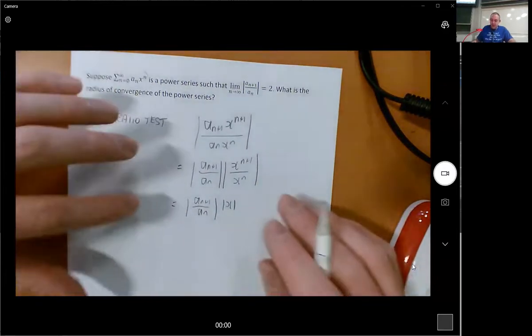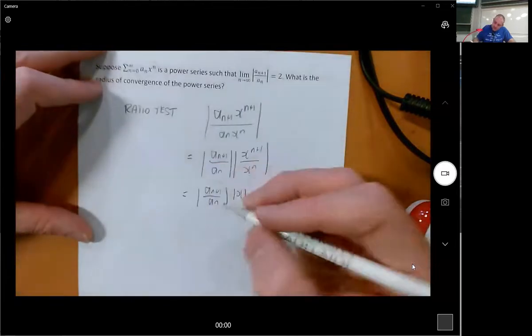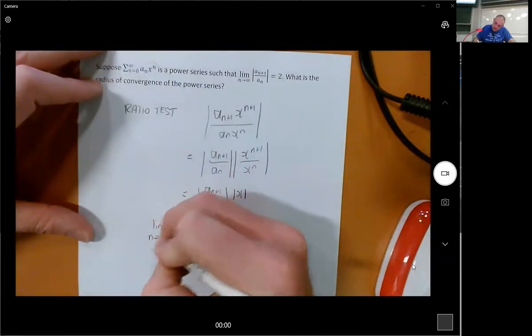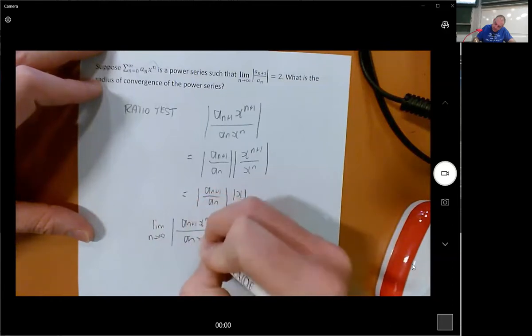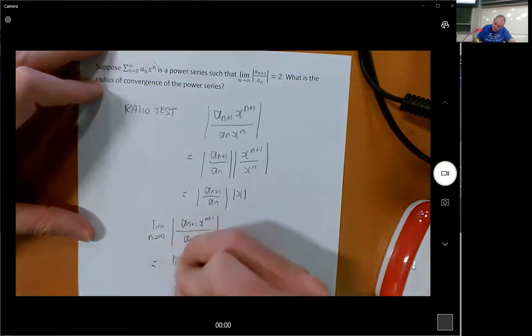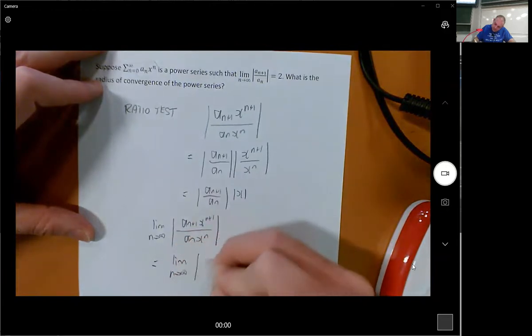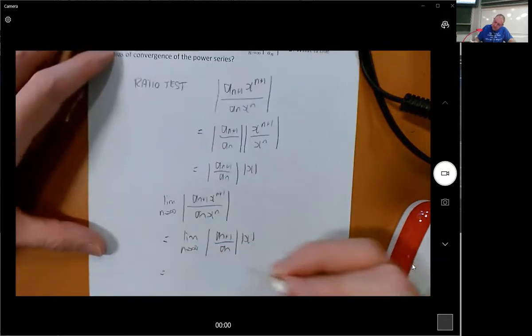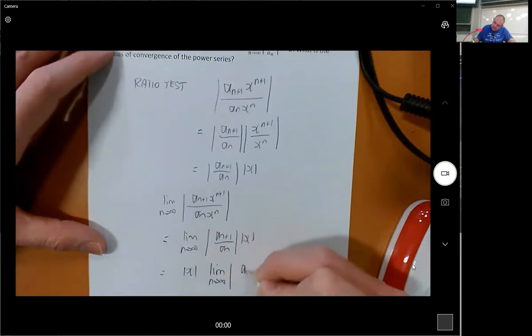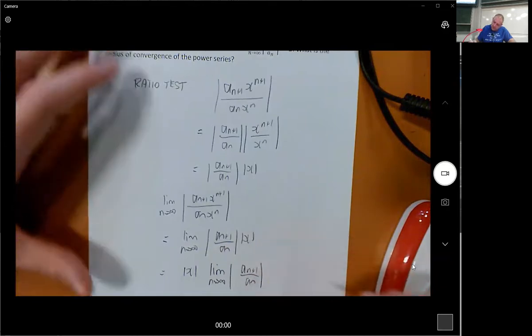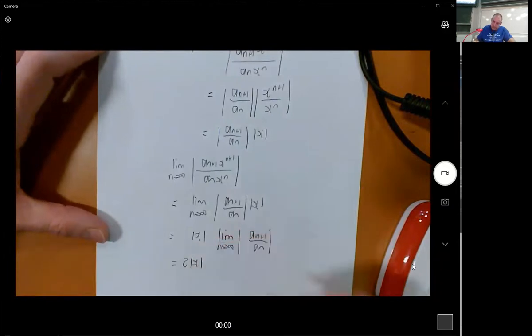And then I have to do the limit of that as n goes to infinity, which is the same as, because that absolute value of x doesn't have an n in it, and they told me that that limit is 2, so that would be 2 times the absolute value of x.